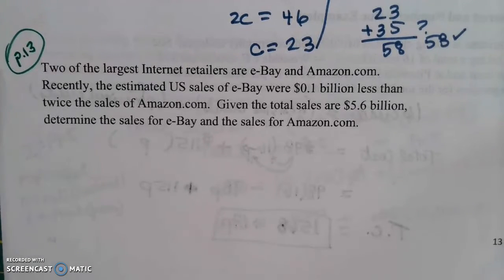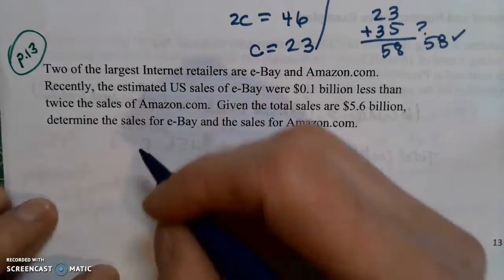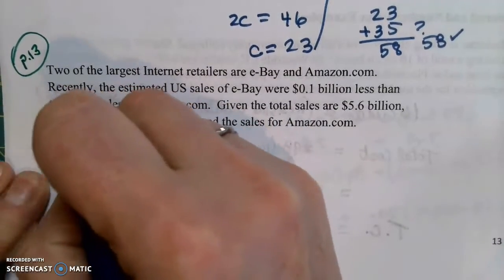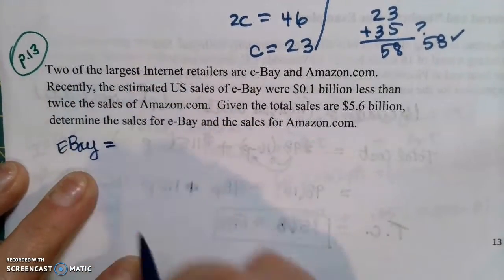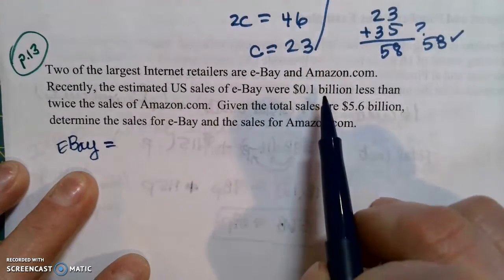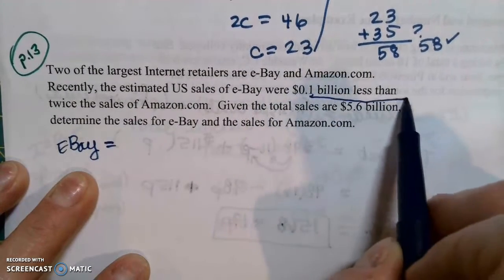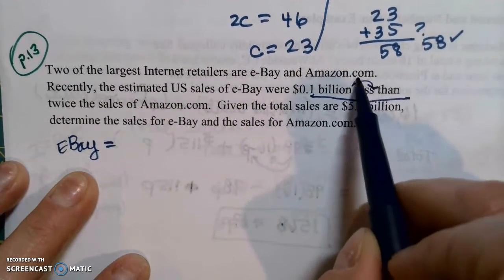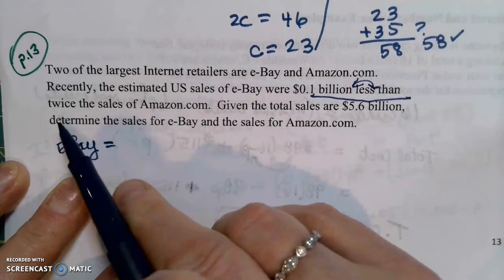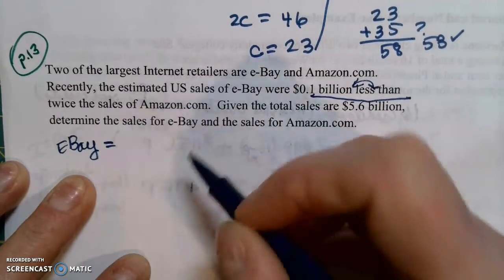Okay, so this one definitely has a lot of information that we've got to tease out here. First of all, let's get some basic information before we start jumping to translating into symbols. The first thing is that eBay sales were 0.1 billion less, so that's that subtraction, but we're going to flip-flop the order, than twice the sales of Amazon.